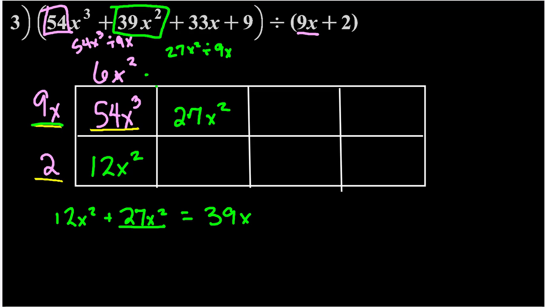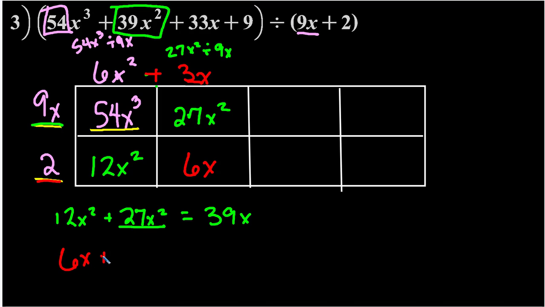That gives us 3x. So we're going to multiply, and it would be a positive 3x, so that 27 was positive. So positive 3x times our 2 gives us a 6x.